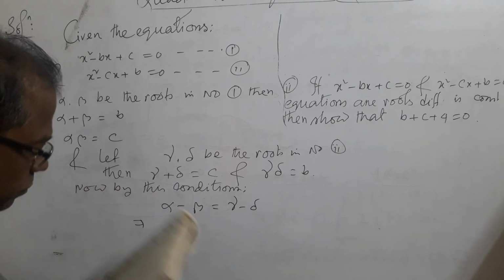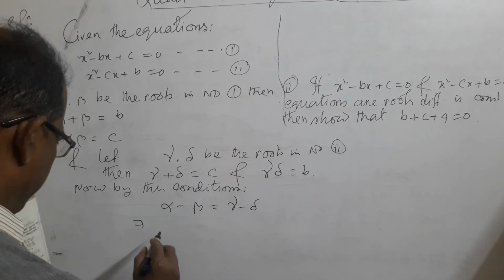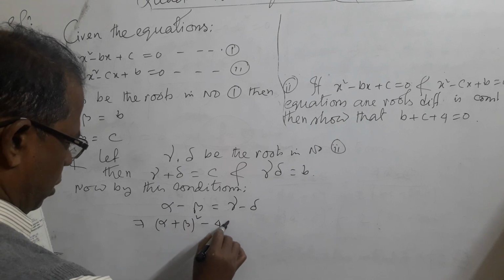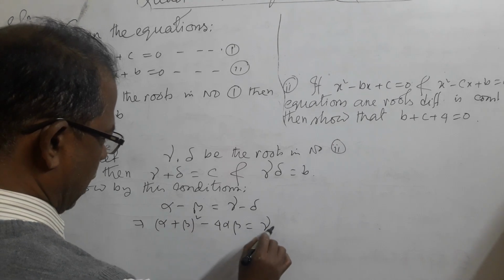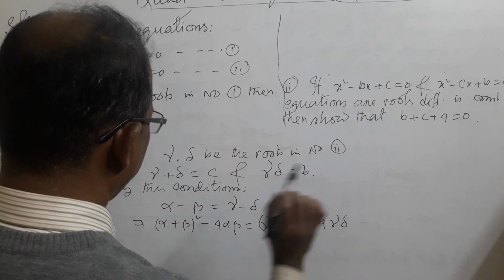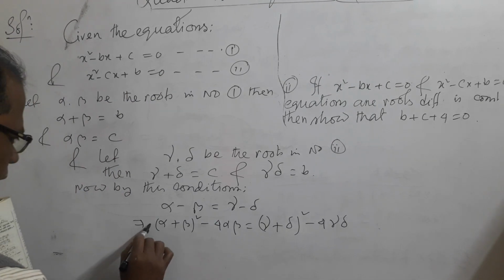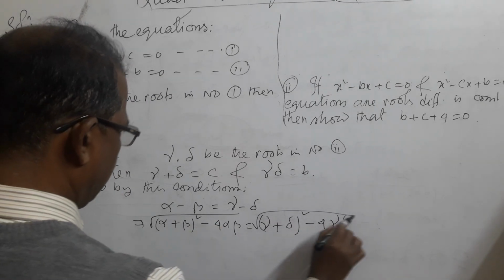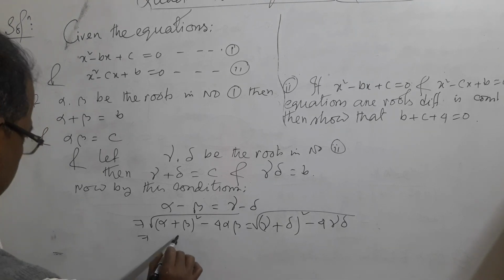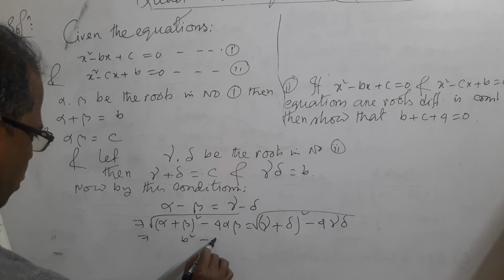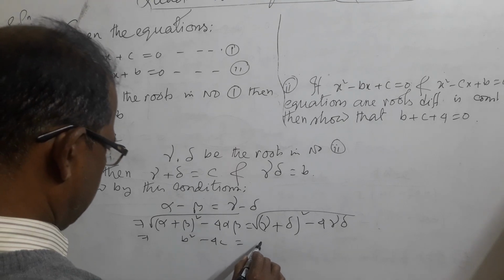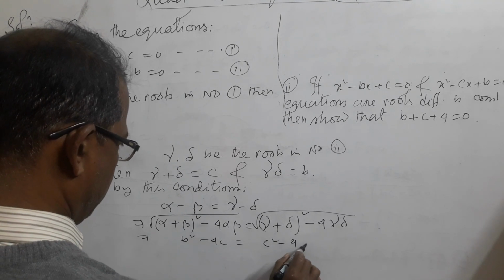That's why alpha plus beta whole square minus 4 alpha beta and gamma plus delta whole square minus 4 gamma delta, these are the roots' differences squared. So b square minus 4c equal to c square minus 4b.